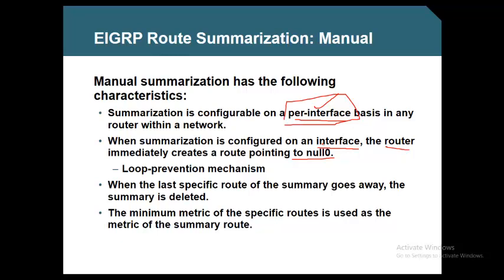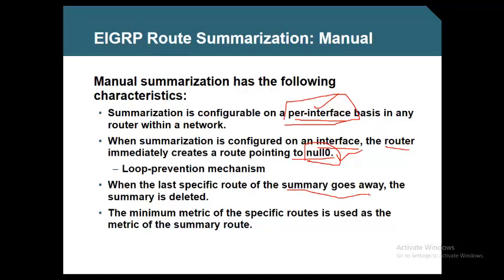So to keep it neutral, it is pointing towards a dummy interface. It's not a real interface. It's neither a logical nor a physical interface. It's a dummy interface called null zero. All right, and when all the detailed routes go away, the summary route also goes away.